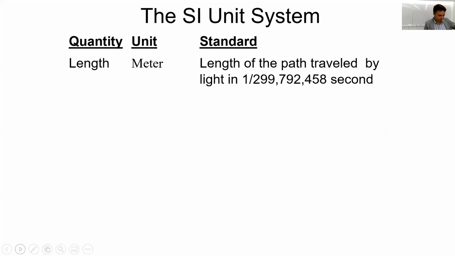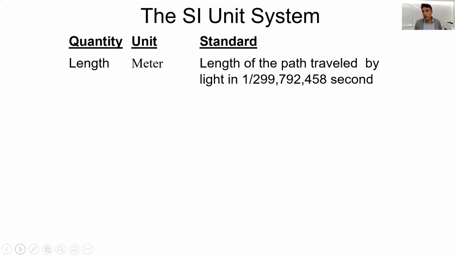Let's continue along. This is a little bit about physical quantities, and it's part of your reading. The SI unit system stands for System International. It is a system of units, which means the standards that we can measure everything in.